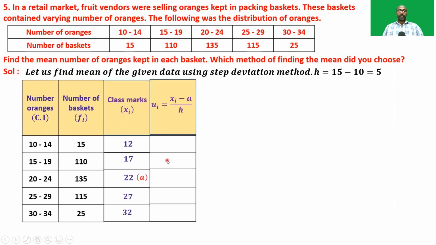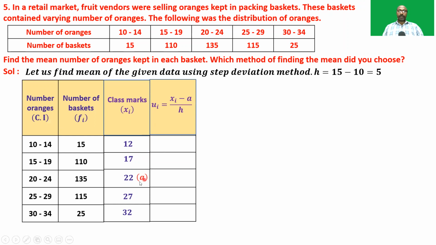While calculating the values of ui, that is (xi minus a) by h, we have h equal to 5.